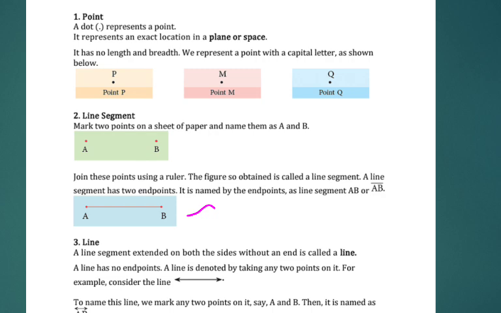So this figure AB is called a line segment. A line segment has two end points, A and B. It is named by its end points as line segment AB and denoted by AB, with a bar over it.